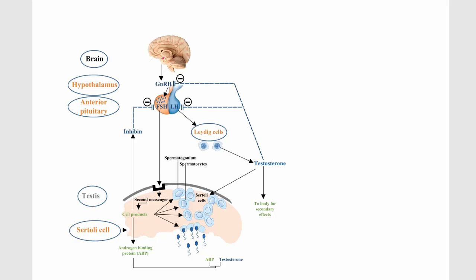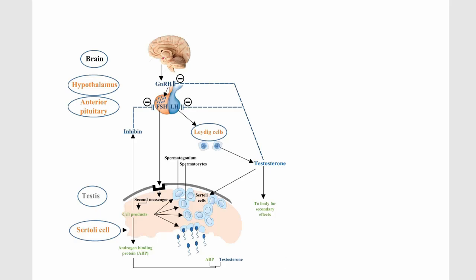So these provide structural and nutritional support to developing sperm cells, so through the process of spermatogenesis, and they also play a crucial role in regulating spermatogenesis. And they do this by producing various growth factors, so hormones and other kind of like signaling molecules.